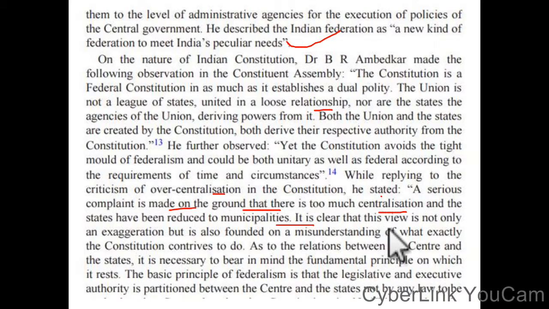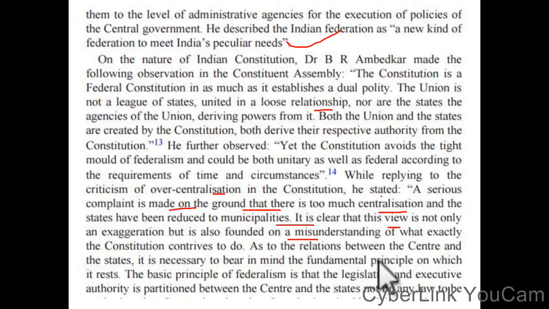It is clear that this view is not only an exaggeration but is also founded on a misunderstanding of what exactly the Constitution contrives to do.